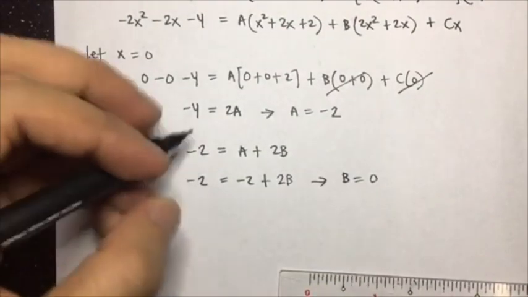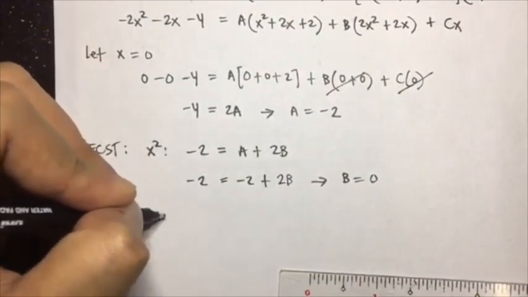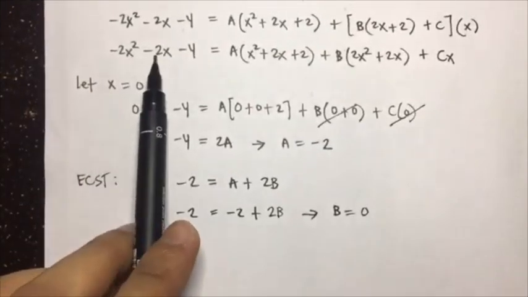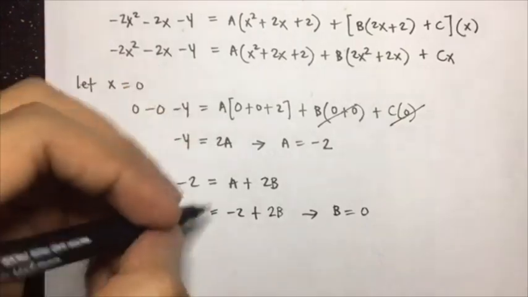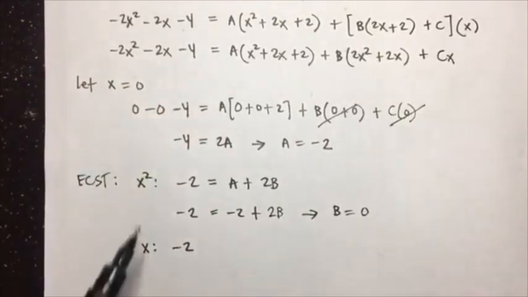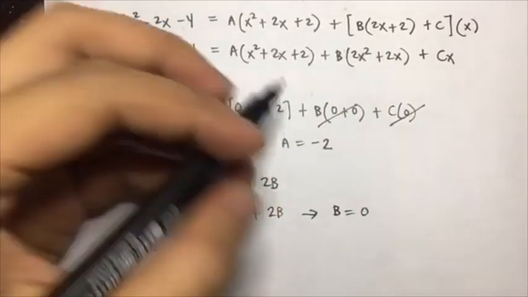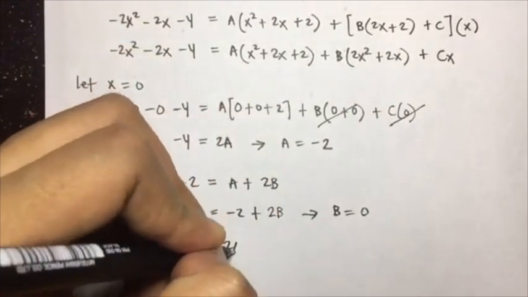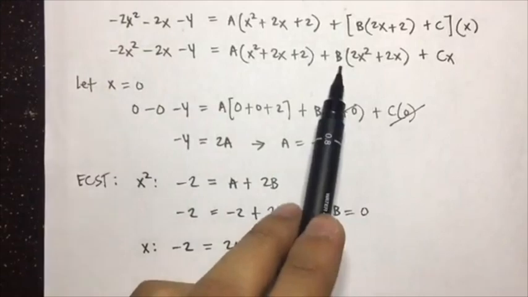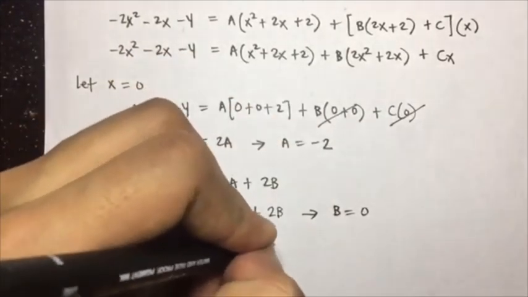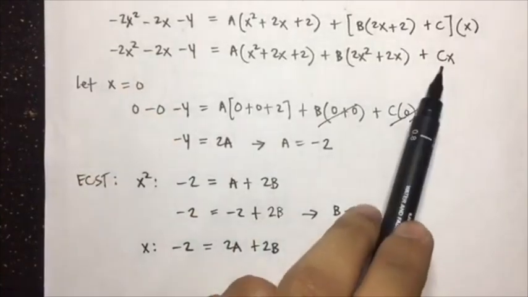Okay, so sorry, another one. So the coefficients of x. We'll have negative 2 for the coefficient of x. Here we have plus 2a is equal to 2a, for b, plus 2b, sorry, and then plus c.